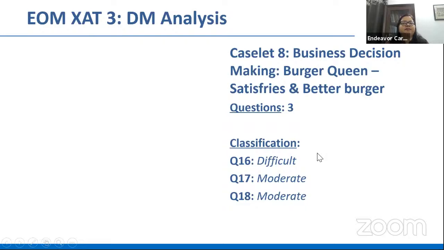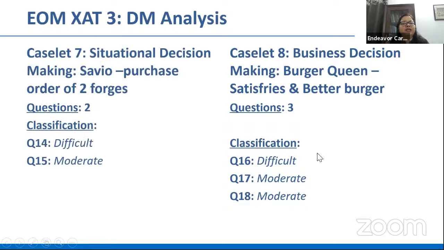Okay. Then caselet 7, situational decision making, the question of Savio and the purchase order of two forges that he does. The first two paragraphs are to be read. The first question there was a little difficult because what is the action that the company takes against Savio, in terms of revising the order or returning the order, how exactly they are going to return, refuse or cancel the order is not very clear.